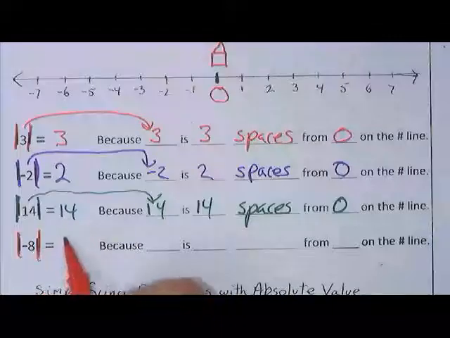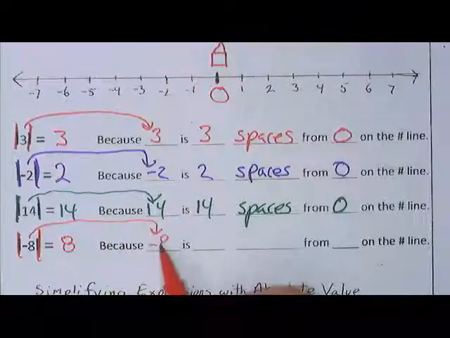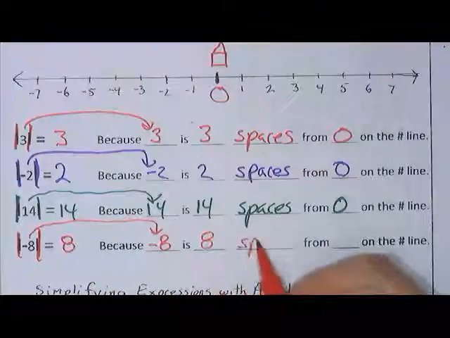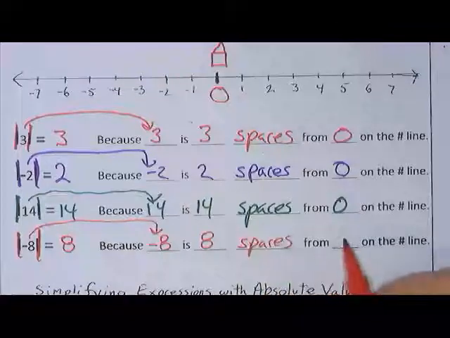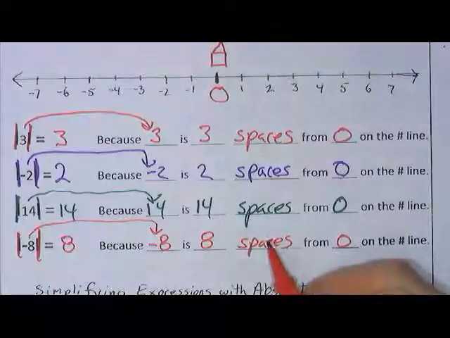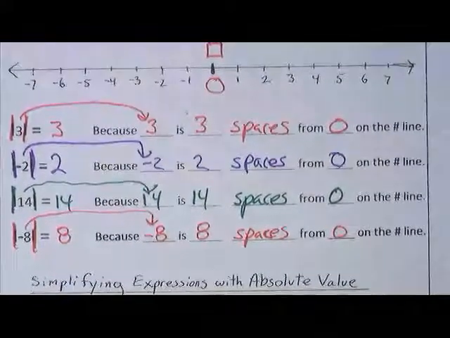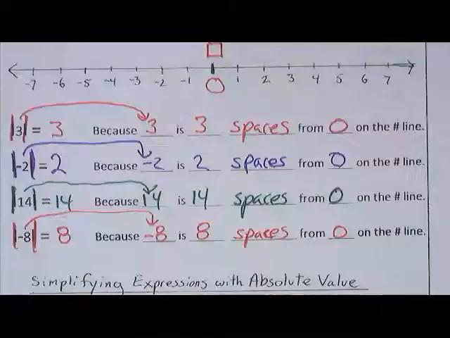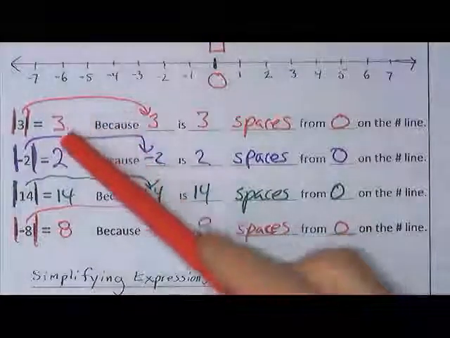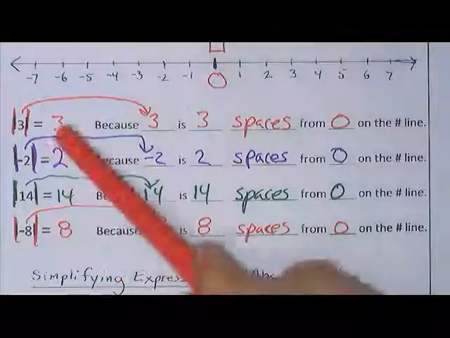That would be 8, because negative 8 is 8 spaces from 0 on the number line. All right, it's always how far away it is from 0 on the number line. And you notice how all our answers are positive because distance is positive. It's measured positively.